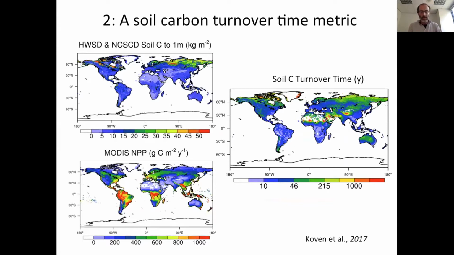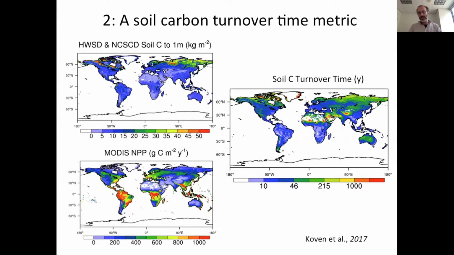For the soil carbon, I've merged two different soil carbon data sets. One is the global Harmonized World Soil Database, and then at high latitudes, because the Harmonized World Soil Database doesn't really have a lot of good information for the permafrost, at least the version that I used here didn't, we substituted the Northern Circumpolar Soil Carbon Database that Gustav Hugelius, Charles Tarnocai et al. have been leading for a while.